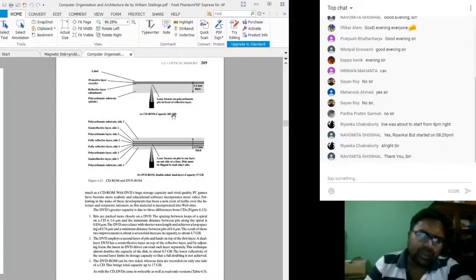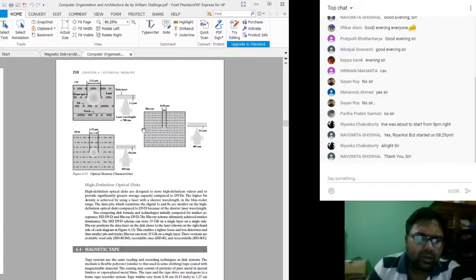So DVD is also having the same technology, the only thing is the density. If you see this particular diagram, the pits and values on a DVD are smaller in comparison to CD-ROMs.